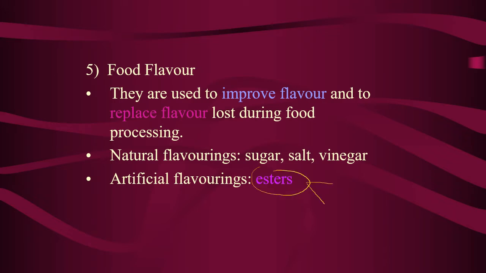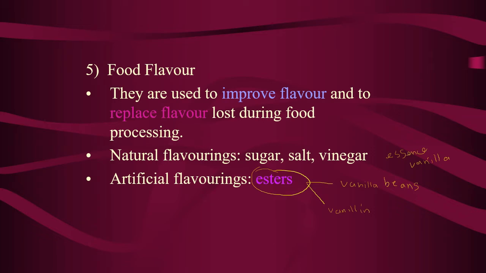Have you ever heard of essence vanilla, which is used in making cakes and all that? Usually the natural one can be extracted from the vanilla beans, and there is also the synthetic one, which is called vanillin, and they are an example of esters.